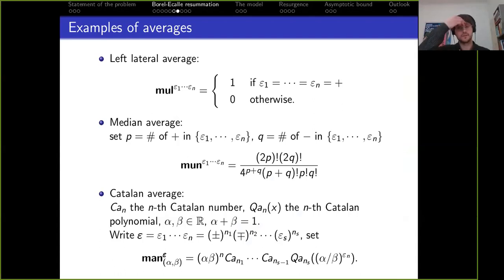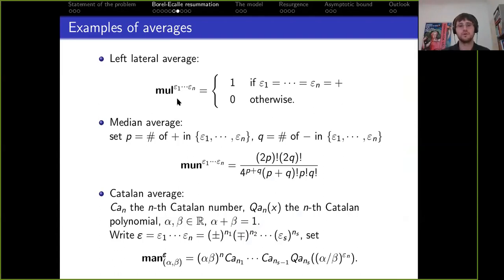The most simple example, I think, is the lateral average. For example, for the left lateral average, you associate the weight 1 to the path that always avoids the singularity by going on the left of it, and 0 to every other possible path. It's a very boring average, but it is an average.